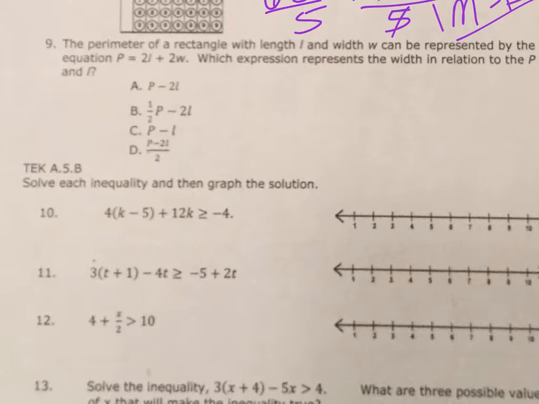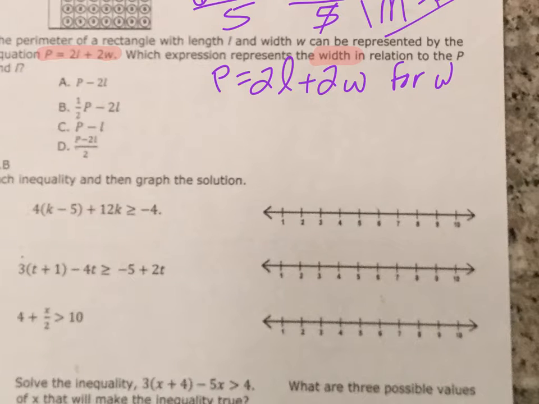Okay, so number 9. The perimeter of a rectangle can be represented by this equation here. We have to find the width, so we are solving this equation for W. The first thing I want to do is get W alone, so I first have to get 2W alone.